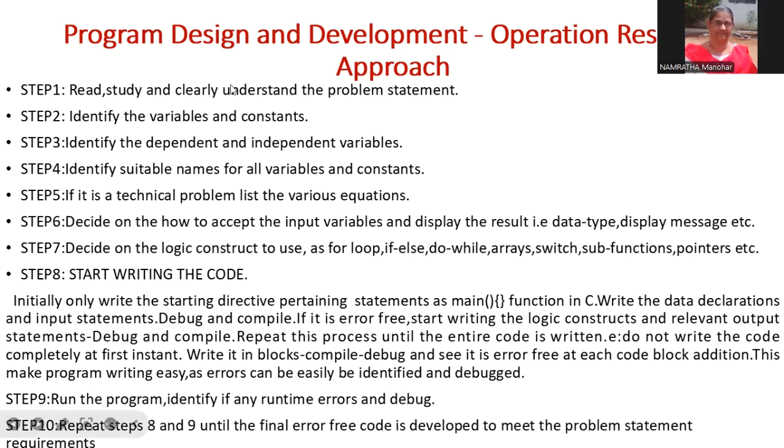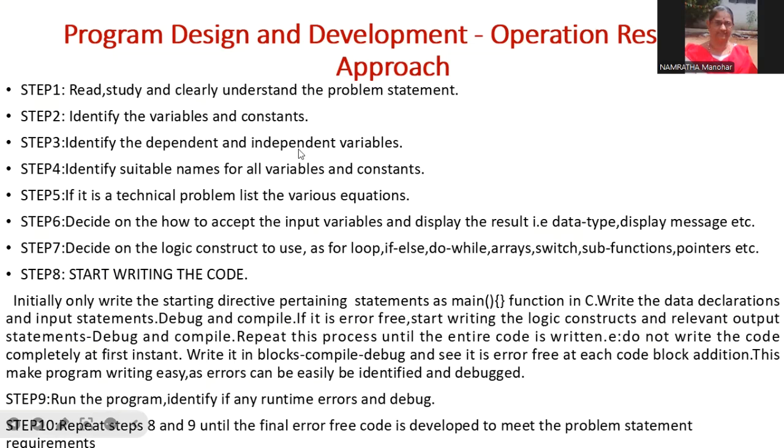Then identify the variables and the constants. In our program of area and circumference of a circle, what are the variables? Area and circumference, because they will change with the radius. The constant is pi. So first you identify the variables and the constants in that particular program statement.